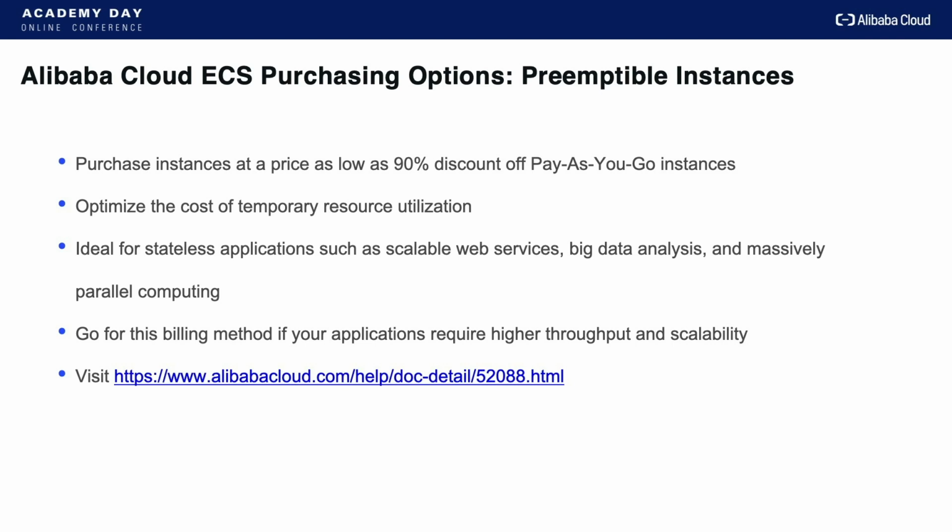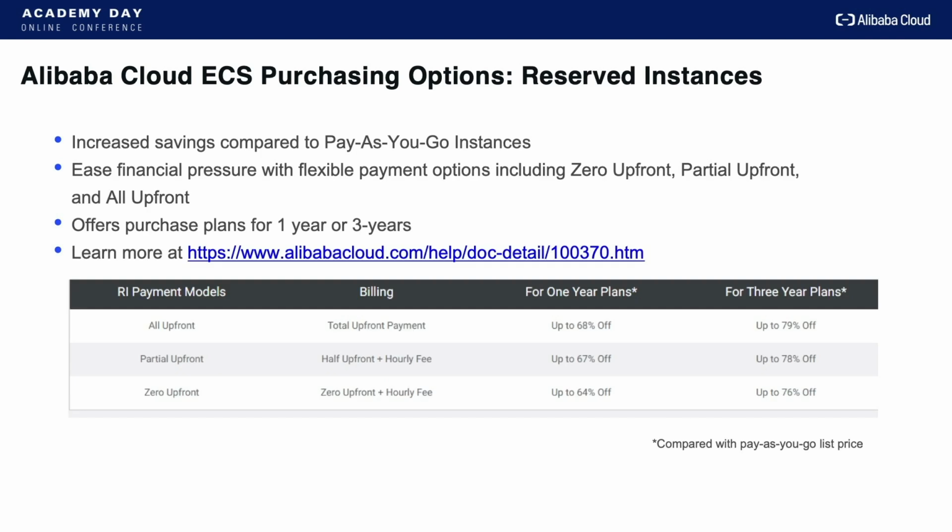Let's now explore what a reserve instance is. A reserve instance is essentially a discount coupon that can be applied automatically to one or more pay-as-you-go instances that belong to your account. Unlike preemptible instances, as the name implies, reserve instances can be used to reserve instance resources.